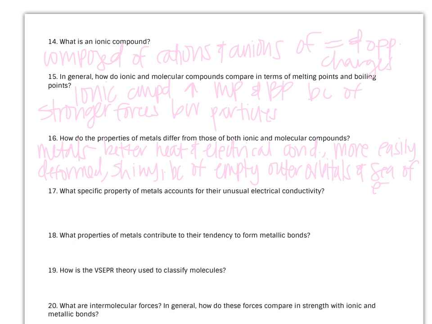Number 17 says, what specific property of metals accounts for their unusual electrical conductivity? This is mainly because of their highly mobile electrons within orbits.